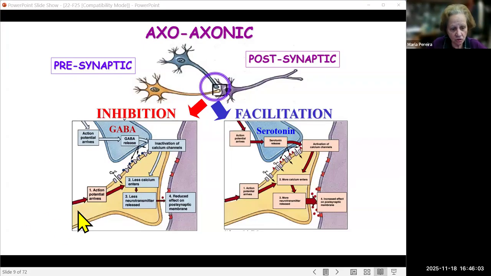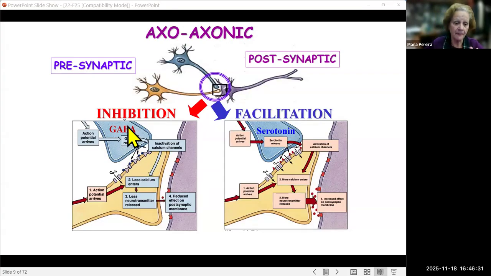So when the action potential is traveling down here, it has to open the voltage gated sodium channels, and it's going to be much harder, because instead of the resting membrane potential here being -70, it might be -80. Therefore, the signal has to be much stronger. The action potential is going to be slowed down.